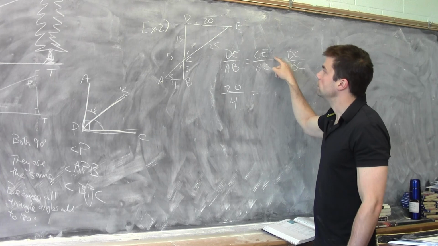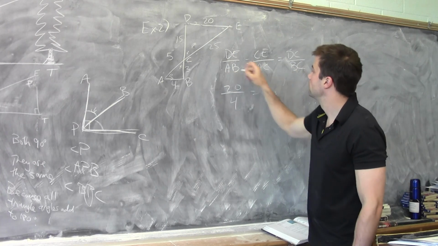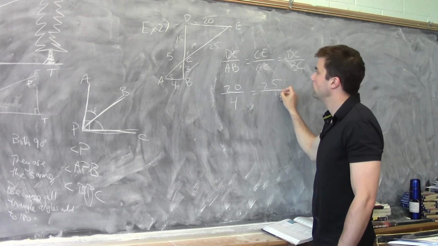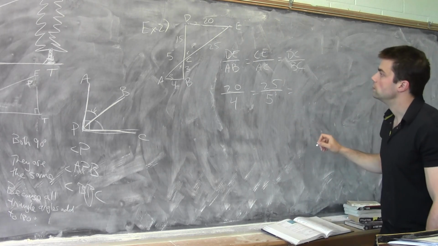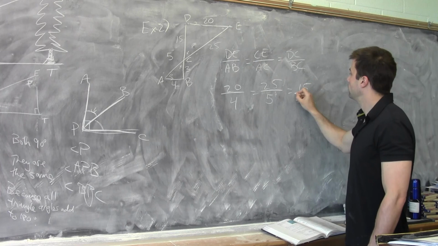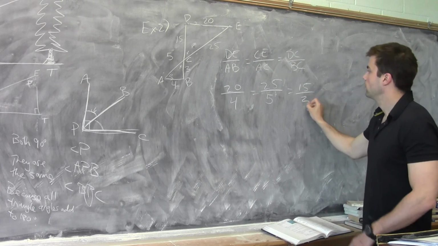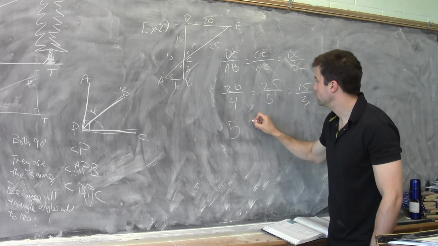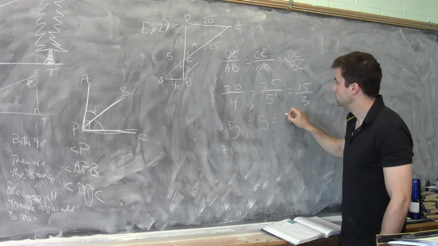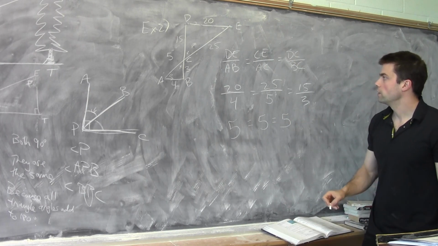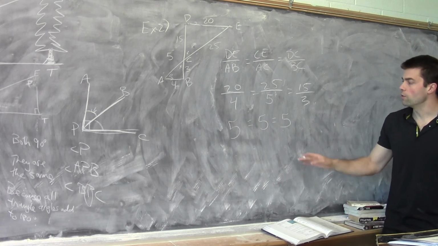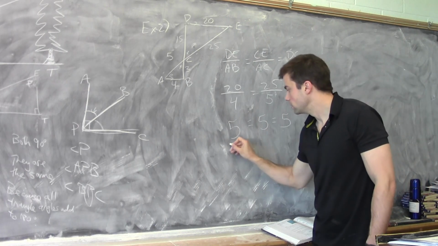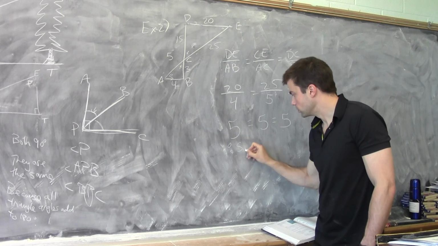It's equal to CE, which is 25 over 5, which is equal to DC, 15 over 3. So 5 is equal to 5 is equal to 5. All right, so because all the ratios of all the sides are equal, therefore these must be similar triangles.